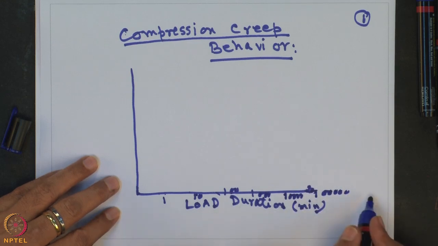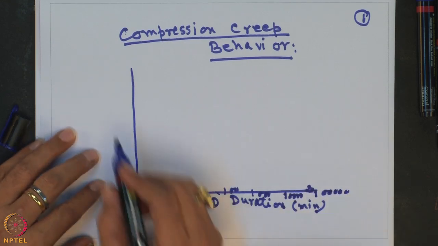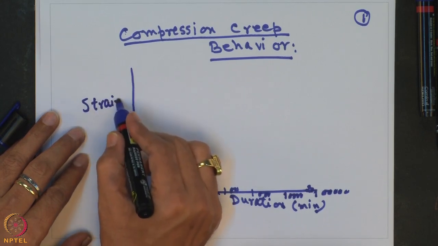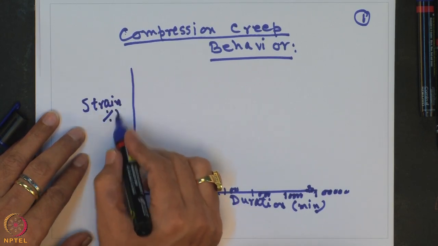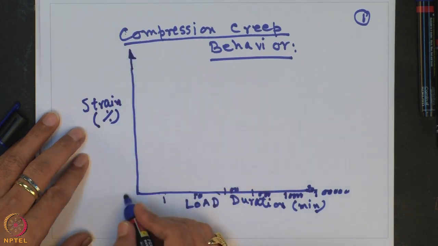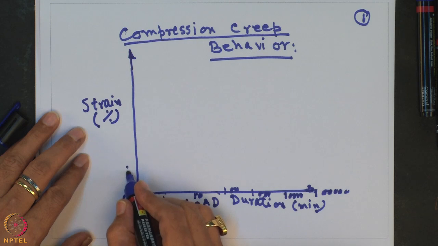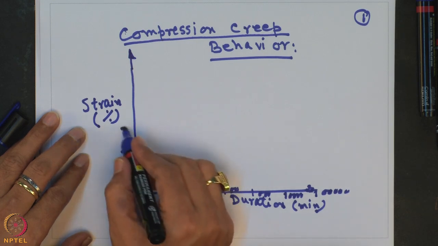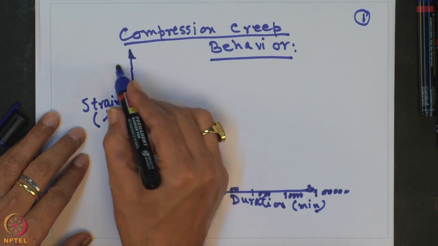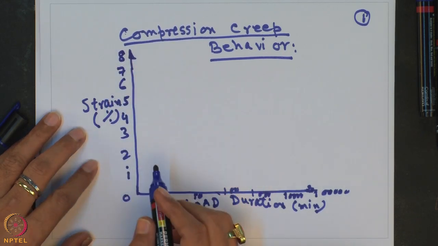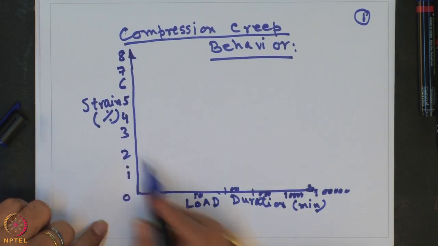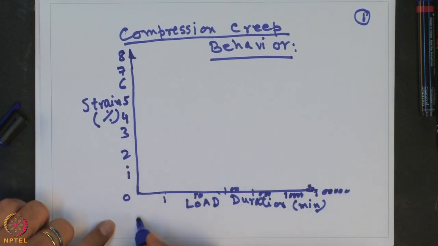So, this is time in minutes, and this y axis is the strain in terms of percentage. Okay. So, it may be 0, 1, 2, 3, 4, 5, 6, 7, 8, and this is the EPS geofoam creep behavior.